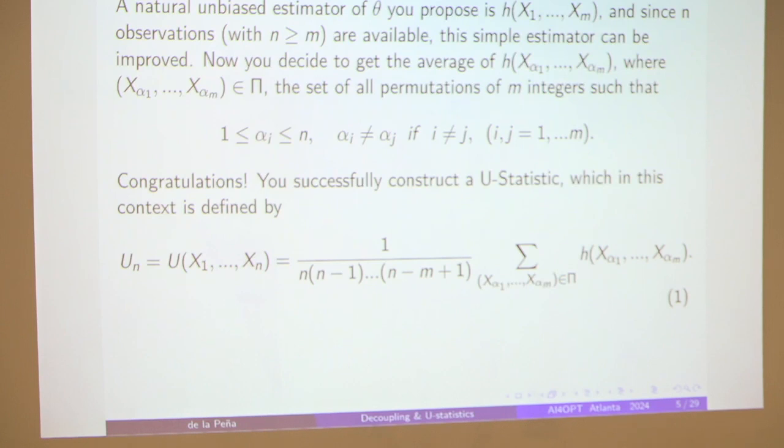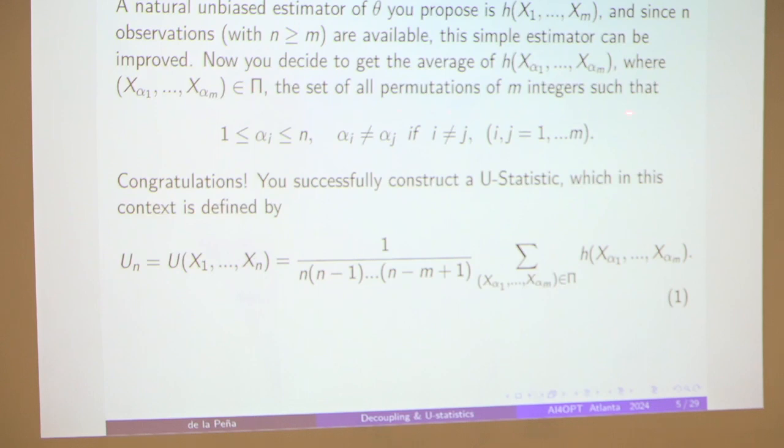The way to get an unbiased estimator is, let's assume that h has the property that it is permutation invariant, so h of xi, xj is equal to h of xj, xi.